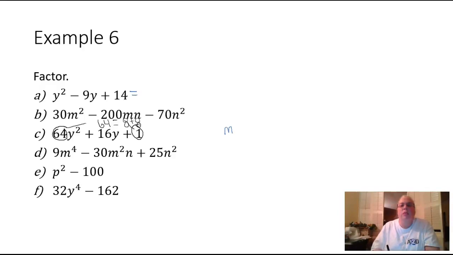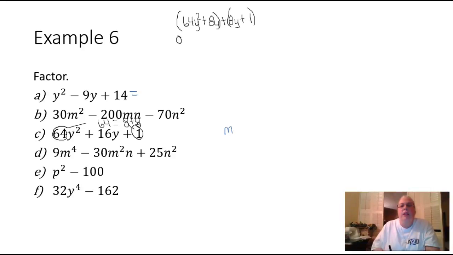So this problem is 64y squared plus 8y plus 8y plus 1. Okay, let's group the first 2 together and the last 2 together.